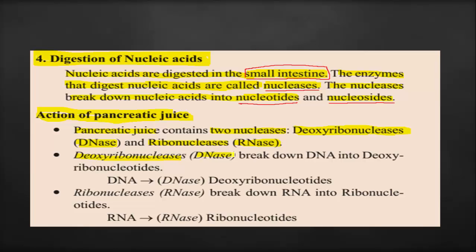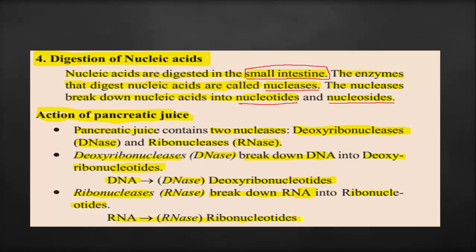Deoxyribonucleases, in short DNase, break down DNA into deoxyribonucleotides. DNA, in the presence of DNase, is converted into deoxyribonucleotides. Like that, ribonucleases, in short RNase, act on the RNA molecule and RNA is broken down into ribonucleotides.